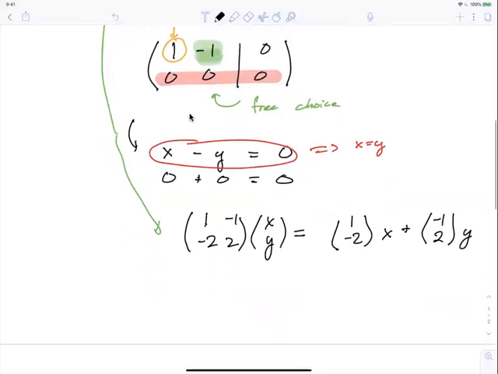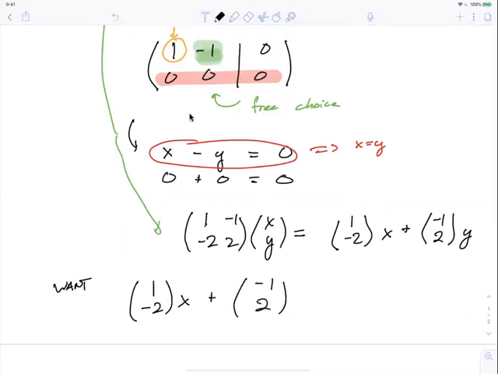And what the equation asks us to do is we want that to equal 0. We want (1, -2) times x plus (-1, 2) times y to equal the 0 vector in this case. So this is another way of interpreting our question, and this is a more geometric way.